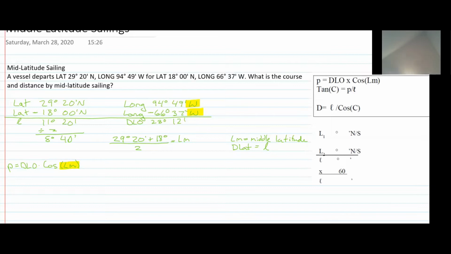And then you'll add this to the lesser. The next step would be to find whether you will be adding this value to the first lat or the second lat.